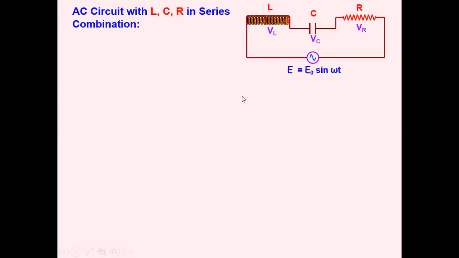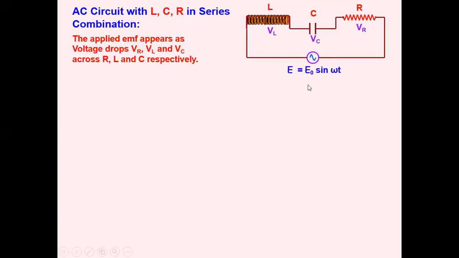We know the alternating EMF supplied by the AC source is E naught sine omega t, and we call this equation 1.